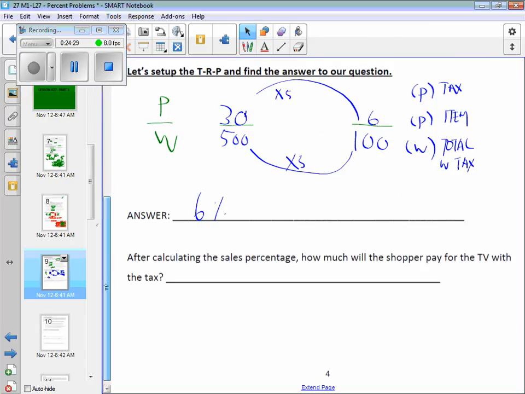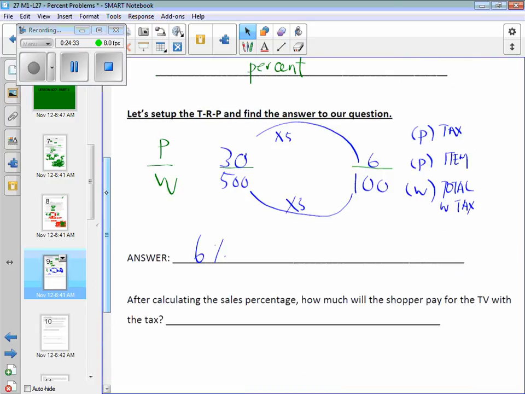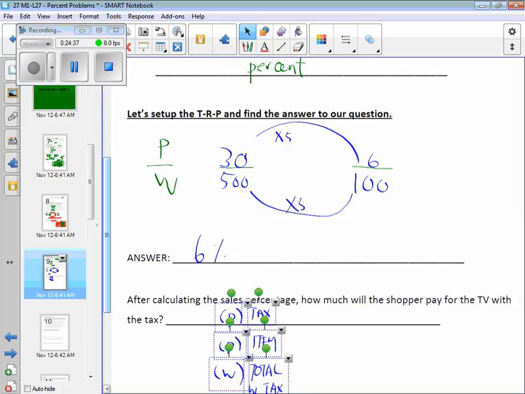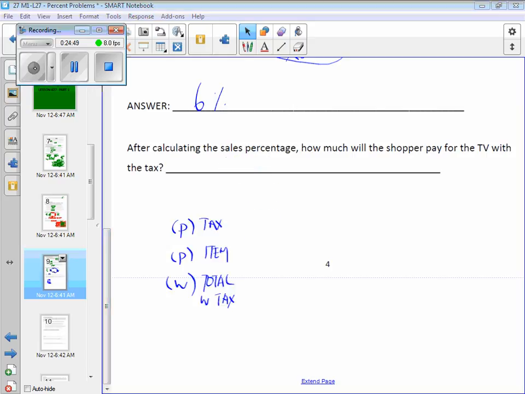You can't, because it's not a discount question. What is that one? Hold on, let me drag this. Tax, item, total of the items with the tax. A column for dollars, a column for percent. Make the matrix.